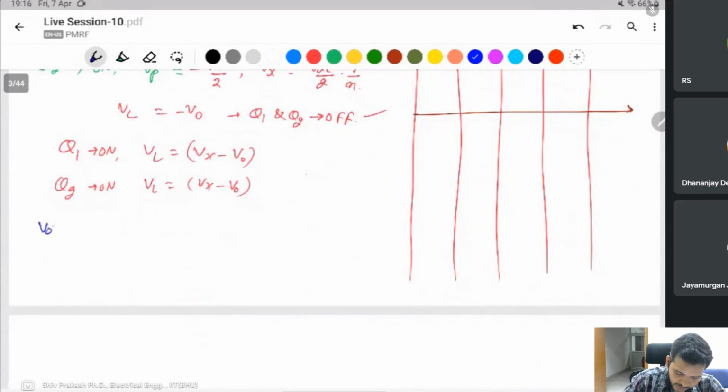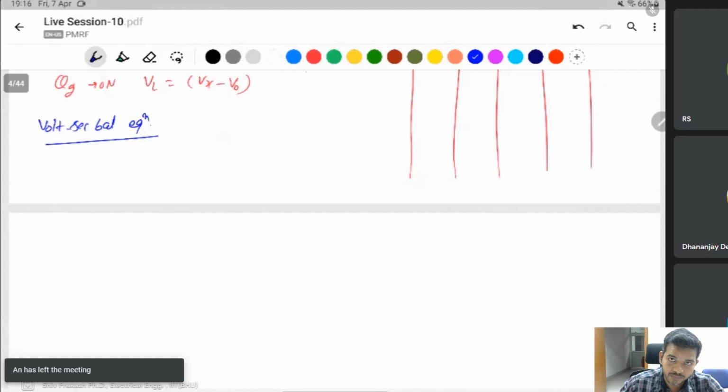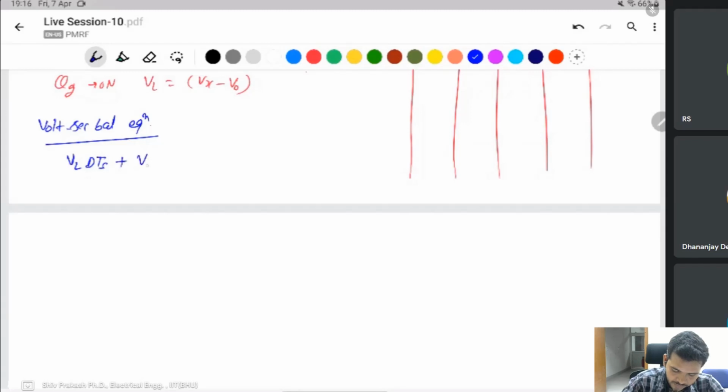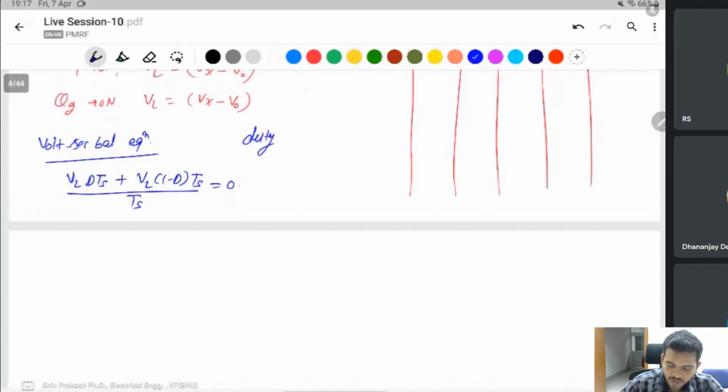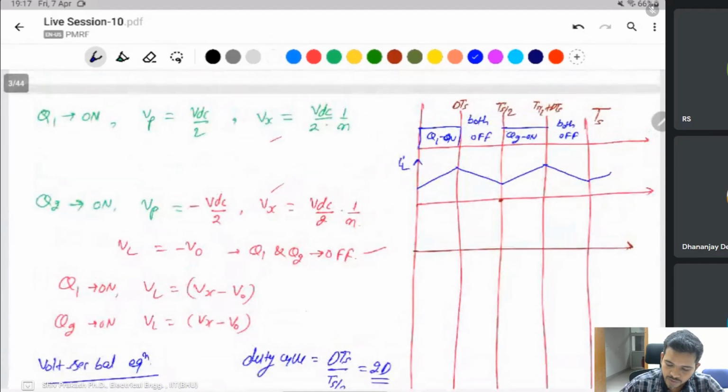So if you take the volt-second balance equation, here the duty ratio is 2 times the duty cycle, because over a cycle, dTs divided by Ts by 2, you can take as duty cycle 2d, because of this dt1 and dt2.